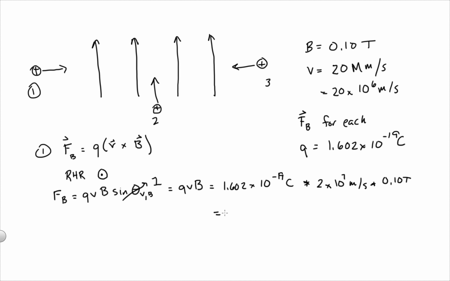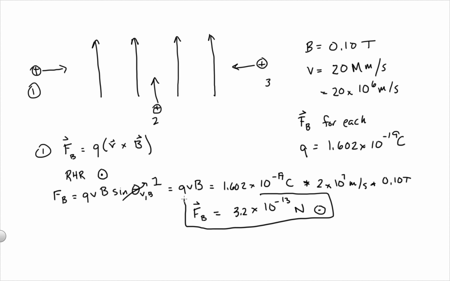That, if you evaluate it out, is 3.2 times 10 to the minus 13 newtons after all of your unit conversions. And so for 1, it's going to be 3.2 times 10 to the minus 13 newtons out of the page. And we are done.